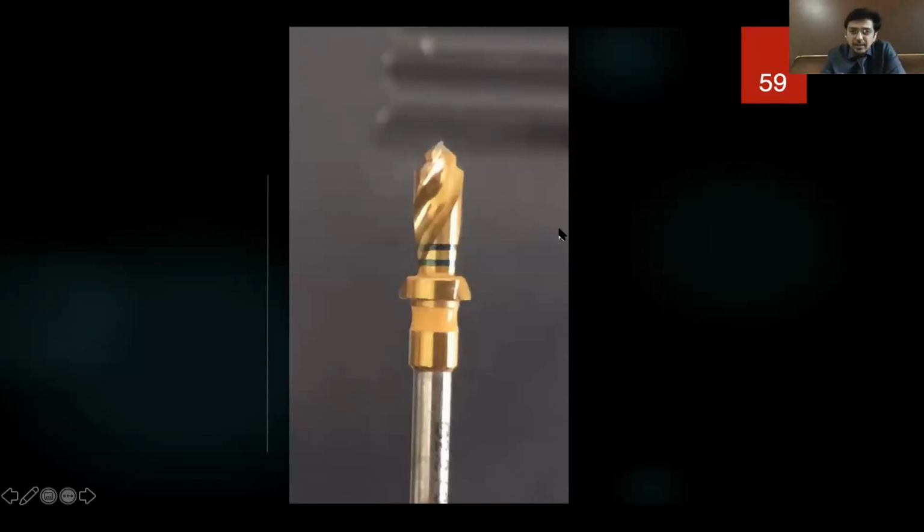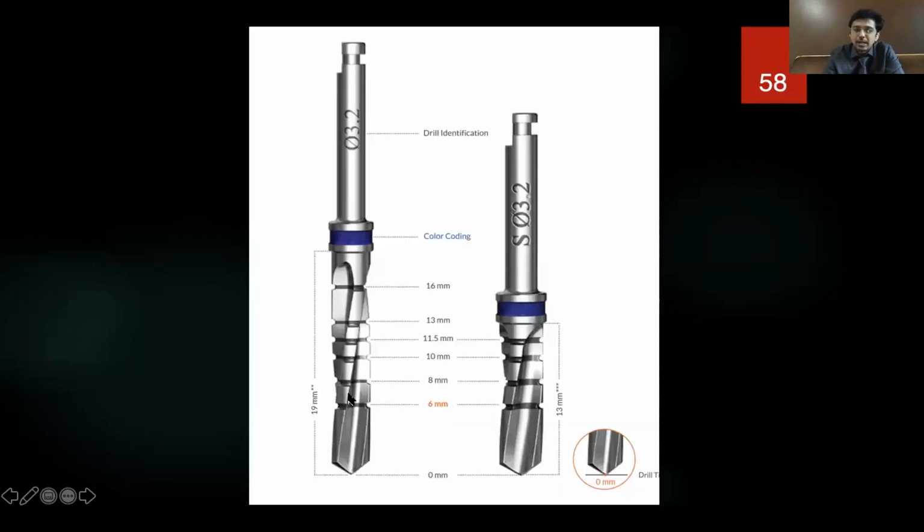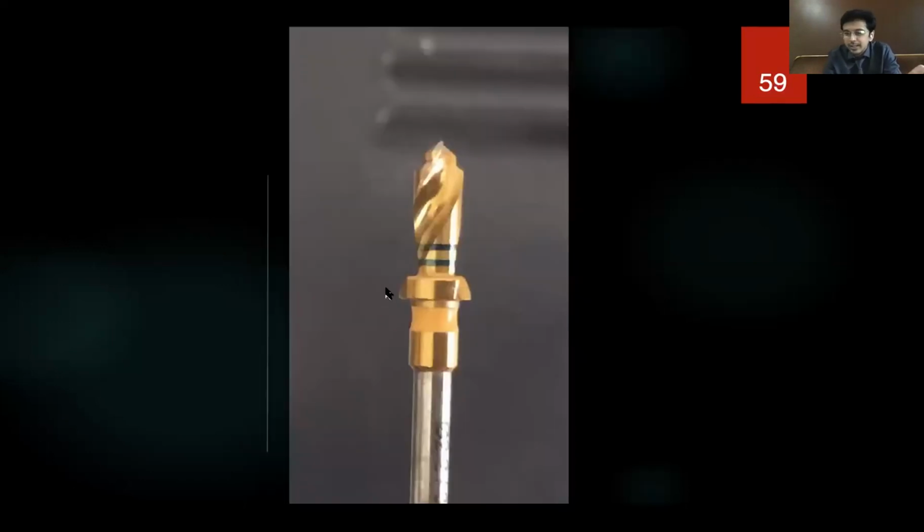Now, there are many sets available, many kits available which have a drill stopper. Okay, so drill stopper basically means you don't have to remember the 6, 8, 10, 11.5, 13, and 16. It will be stopping at that particular point. So, are these kits less expensive or more expensive? Raise your hands. How many of you are saying less expensive?